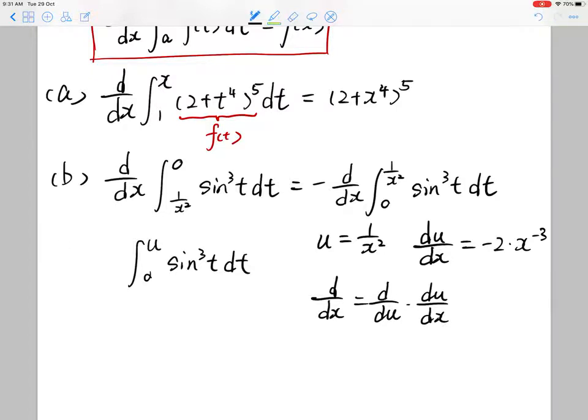And don't forget about the negative sign in front. Negative, negative, it will cancel out. So this is your answer.